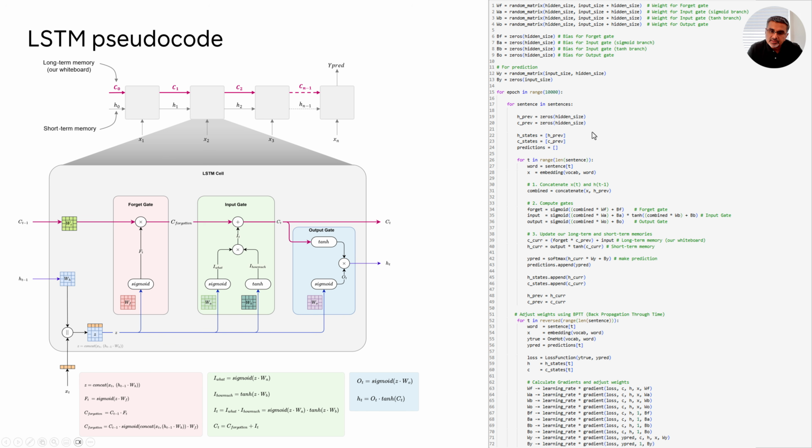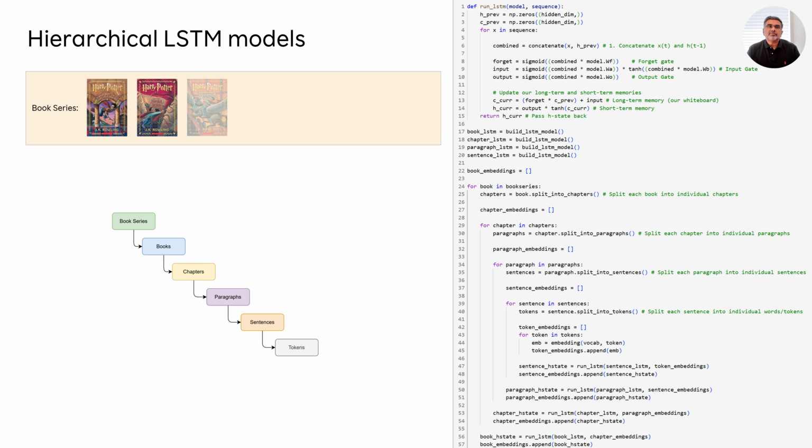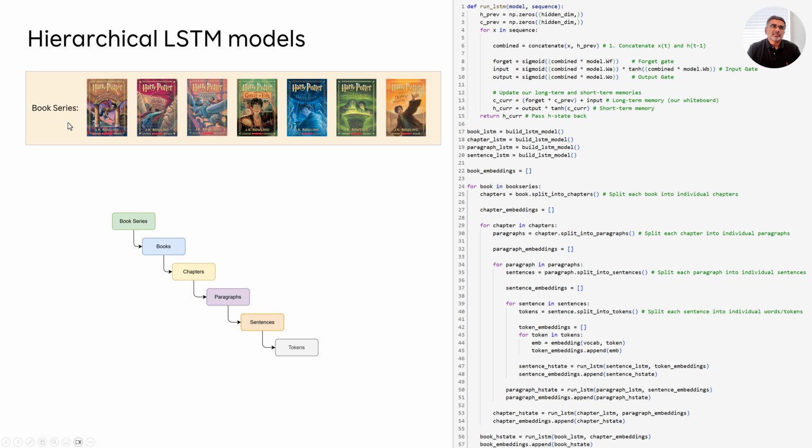Now, where are we going to draw this boundary? Is the boundary for where you want to capture the short and long term memory across a sentence? Is it across a paragraph? And so on. Let me illustrate that in the context of very large input data. Let's say you have a book series, the Harry Potter book series, which has seven books.